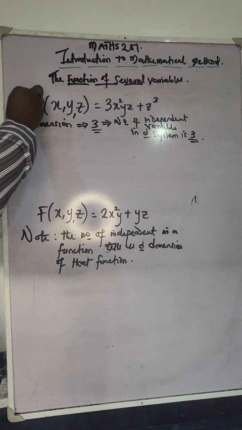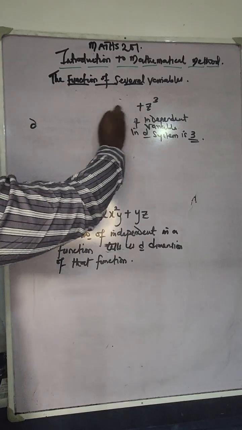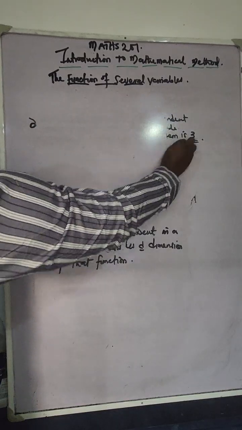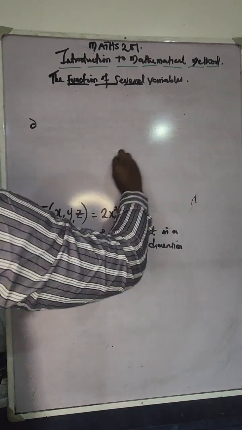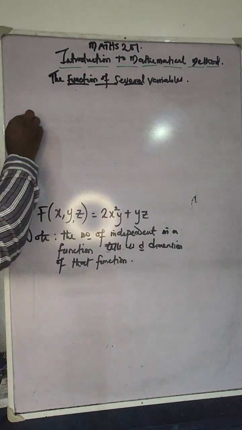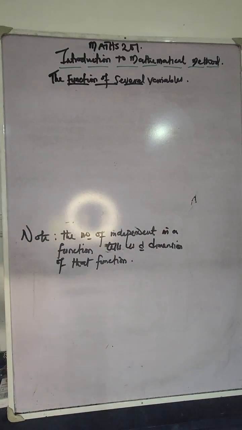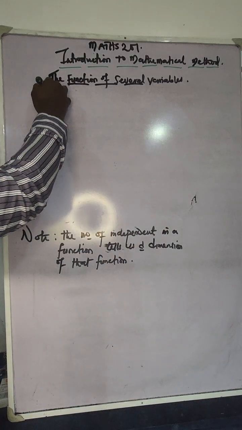Okay, now we've been introduced to functions. We've been able to understand independent variables and dependent variables. It is time for us to talk about domain and range.